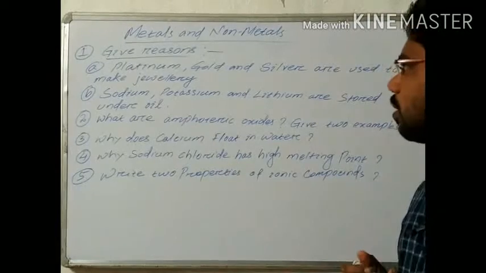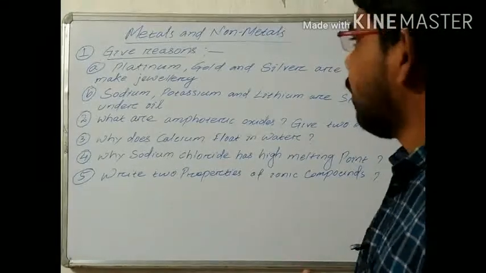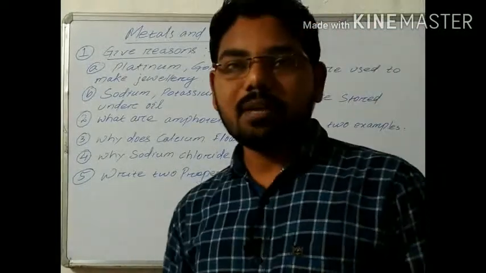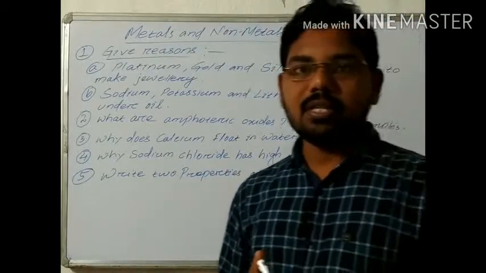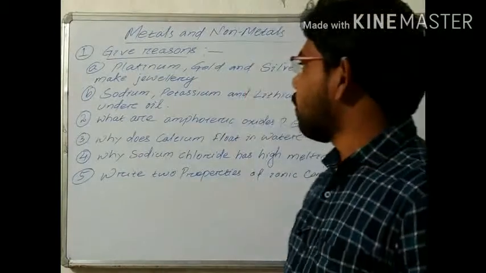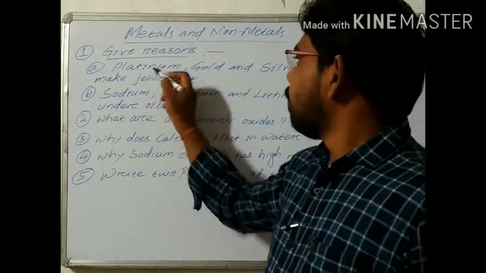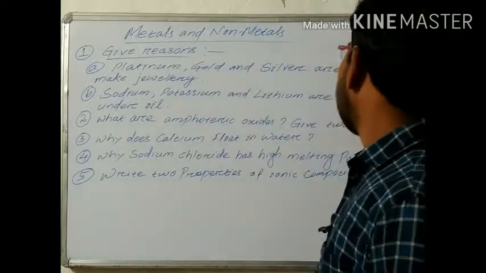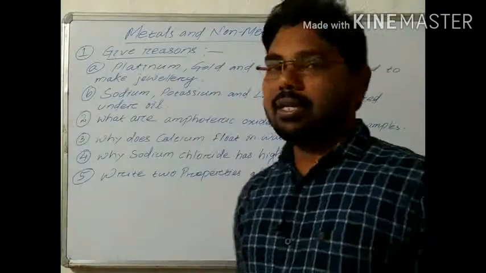The first questions are reason-type questions, because reason-type questions are very easy and are the most common in exams. The first question: platinum, gold and silver are used to make jewelry.